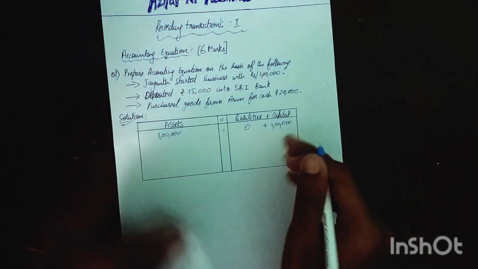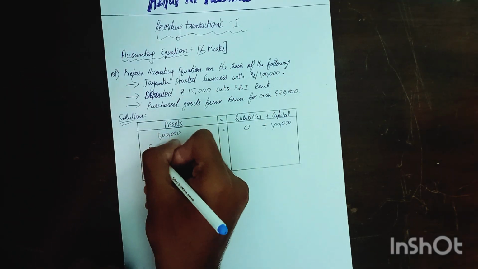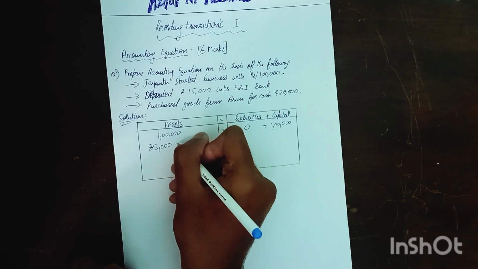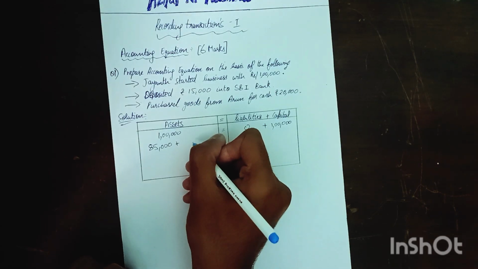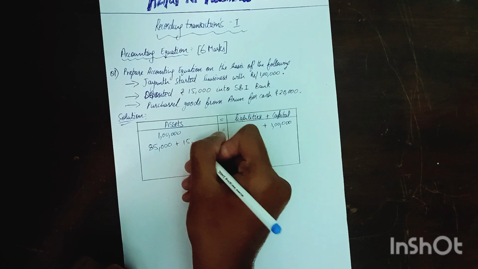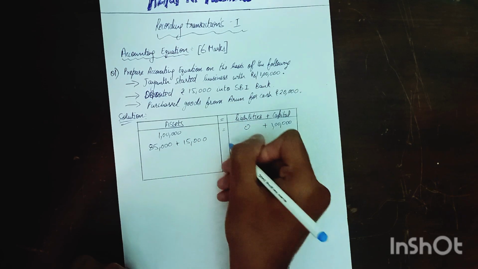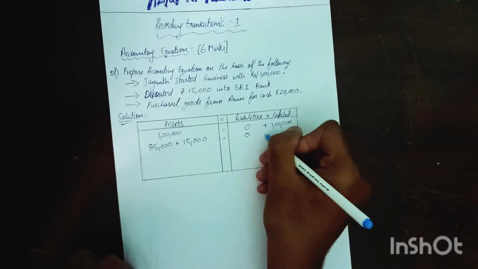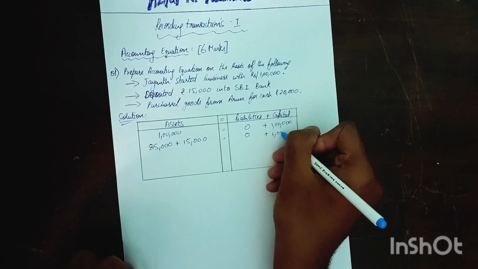We write here 85,000. Then we add the 15,000 that you deposited into the bank. Liabilities is not given, 0, and the capital is the same.